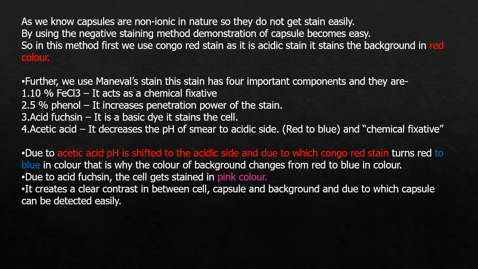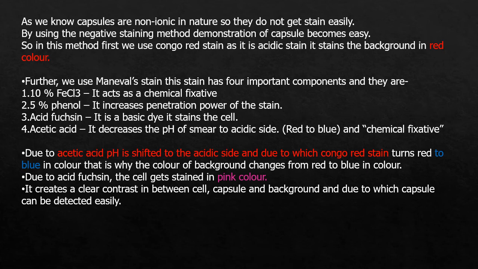It contains 10% FeCl3, which acts as a chemical fixative. Then 5% phenol is present, which increases the penetration power of the stain, which means it acts as a mordant. Then it has acid fuchsin, which is a basic dye that stains the vegetative cells.